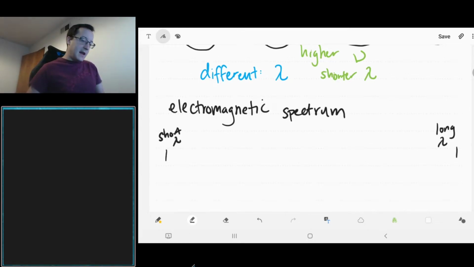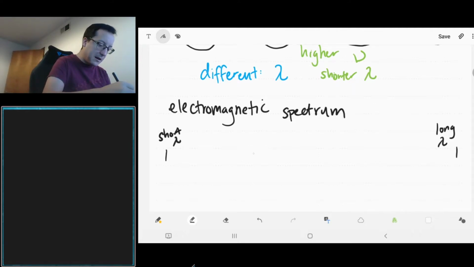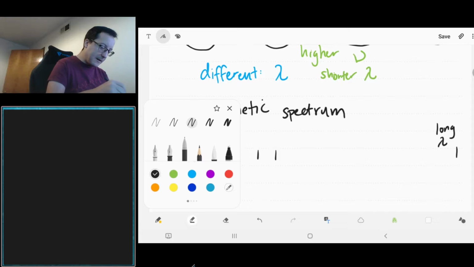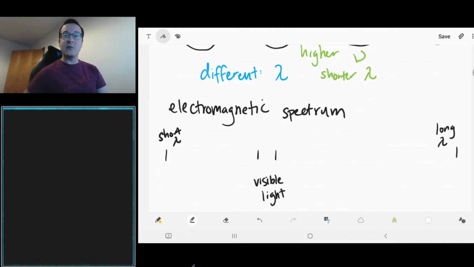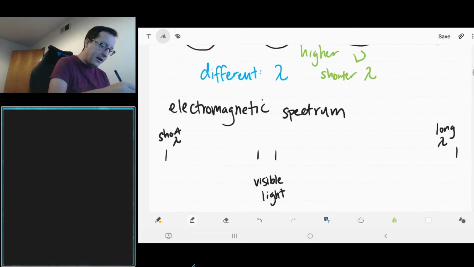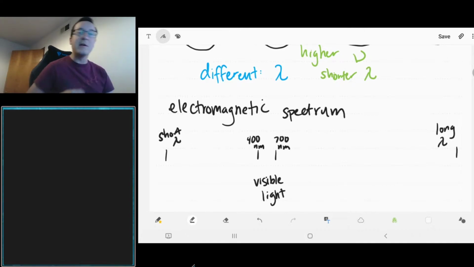Let's start in the middle-ish here. This area is where we have visible light. This is the light that we can see. Just so you know, in terms of wavelength, this goes from about 400 nanometers to about 700 nanometers.